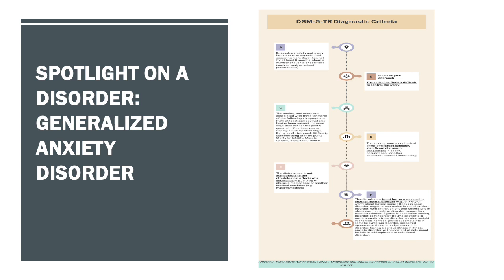Criterion D is the anxiety, worry, or physical symptoms cause clinically significant distress or impairment in social, occupational, and other important areas of functioning. And then criterion E, the disturbance is not attributable to the physiological effects of a substance, such as a pharmaceutical medication or some sort of illegal drug, or even a medical condition.